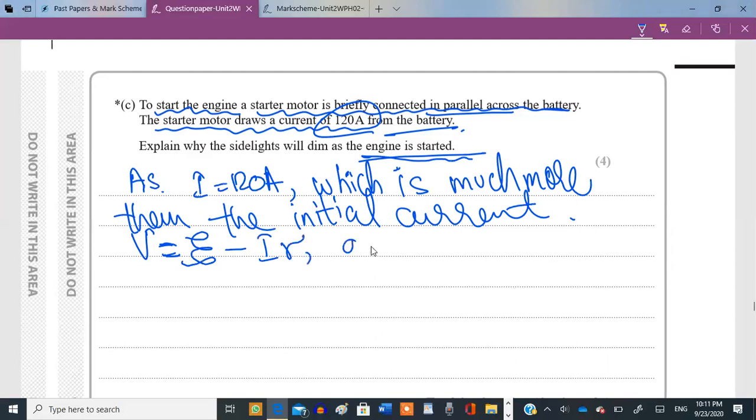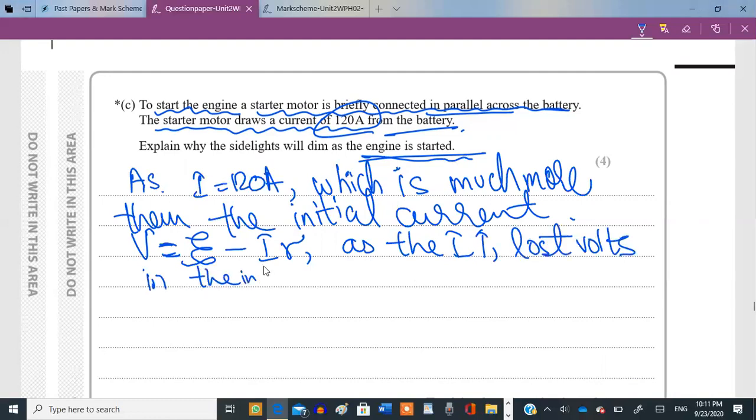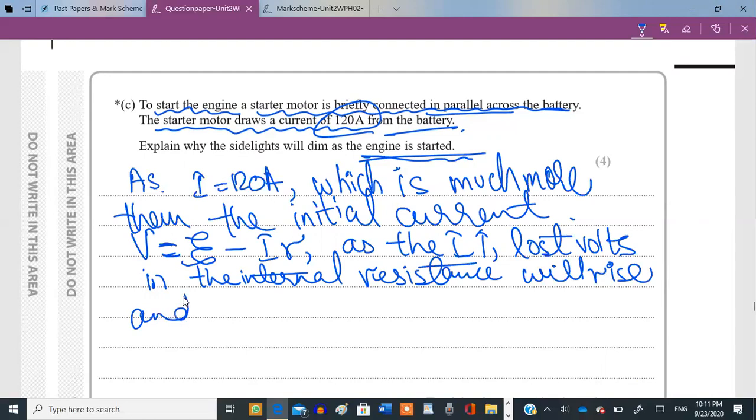Now, as the current increases, the lost volts in the internal resistance also increase, and therefore the terminal potential difference will fall.